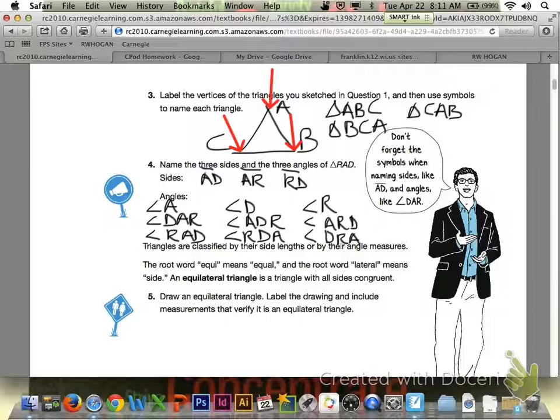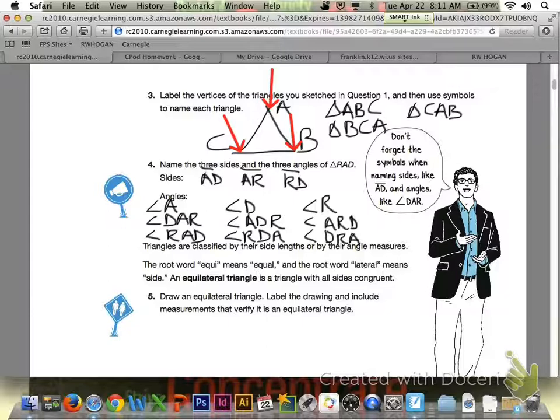As far as the angles in that triangle, there are of course 3 angles. We can name them different ways. Angle A can also be named angle DAR or angle RAD. Angle D could also be named angle ADR or angle RDA. And finally, angle R could also be named angle ARD and angle DRA.